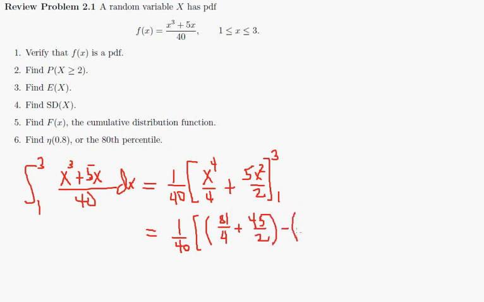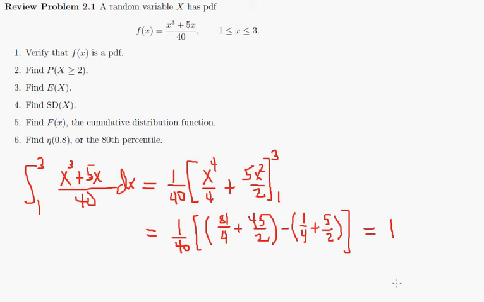And then plugging in 1, we get 1/4 plus 5 times 1 squared for 5 halves. And so that will be indeed equal to 1, just simply doing the calculation. So that is part number 1, just verifying that the function is indeed a probability density function.